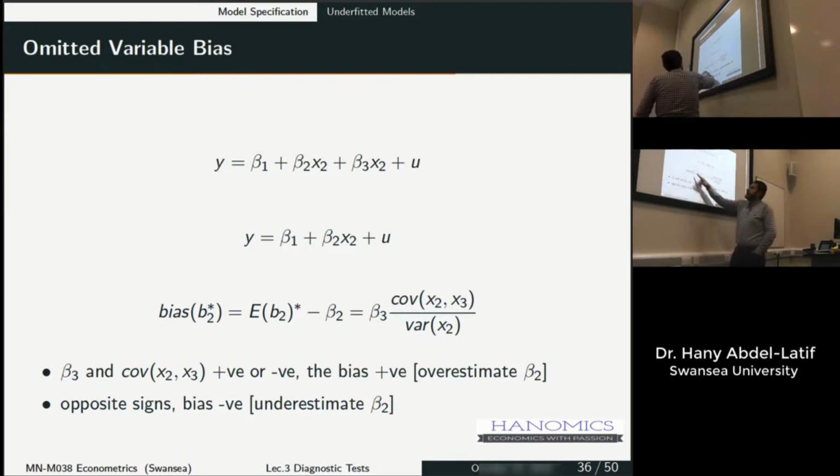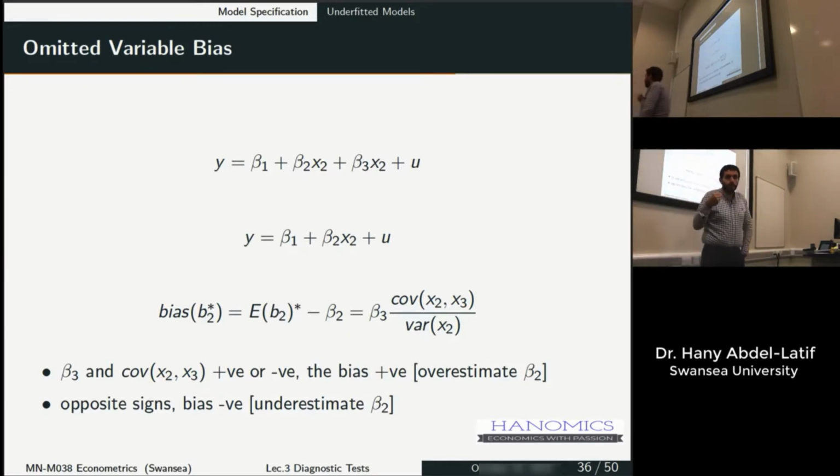For that reason, my estimated B2 will be biased, and by how much? It will depend on beta 3 and the correlation between x2 and x3. That means your estimation will be biased.